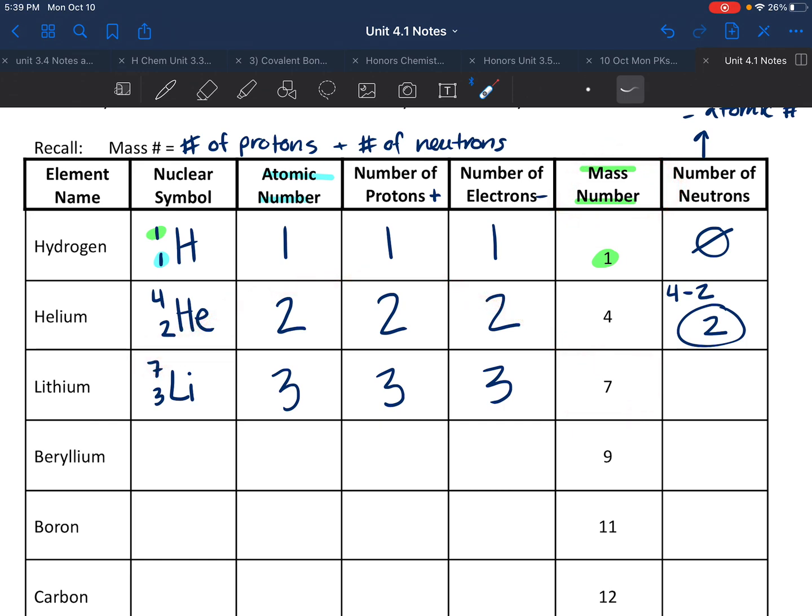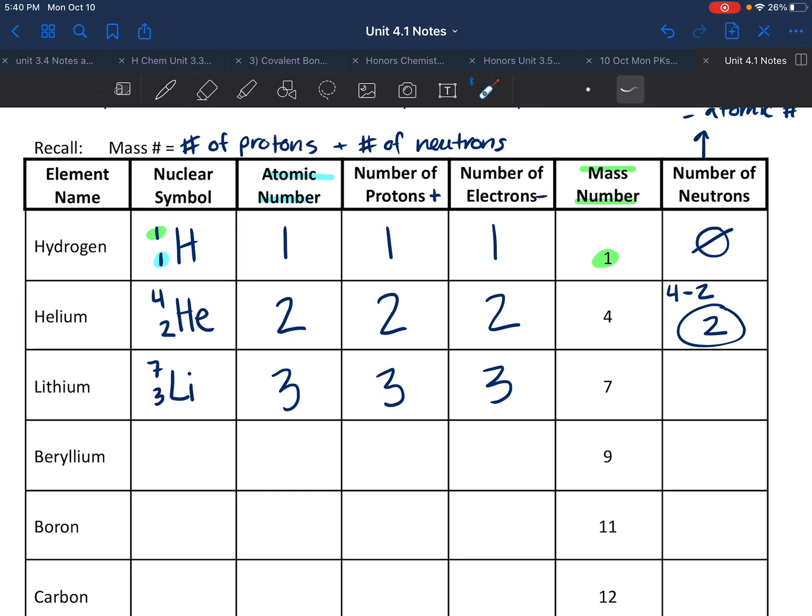And then I want to teach you a trick of why we use nuclear symbols and why they're so awesome. How do we figure out the number of neutrons? That is mass number minus atomic number. Well, look how it's set up on your nuclear symbol.